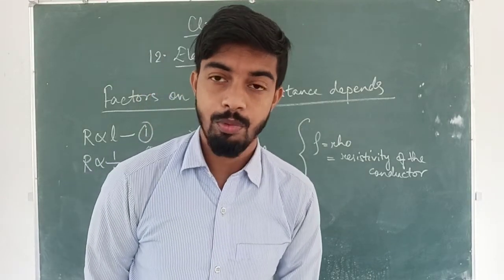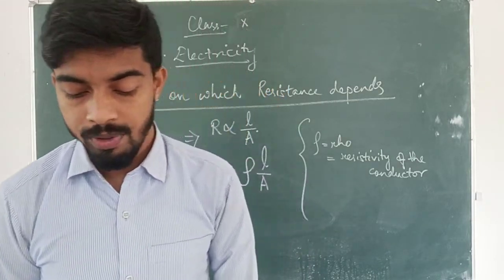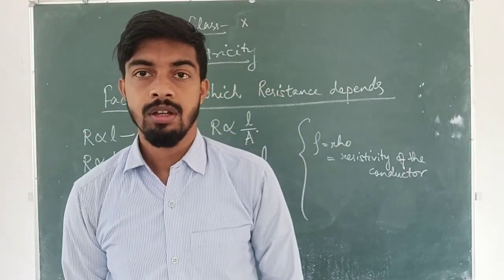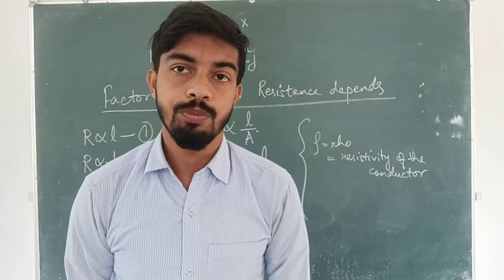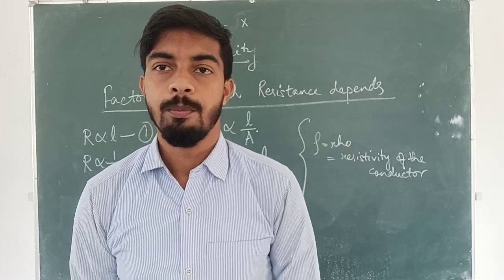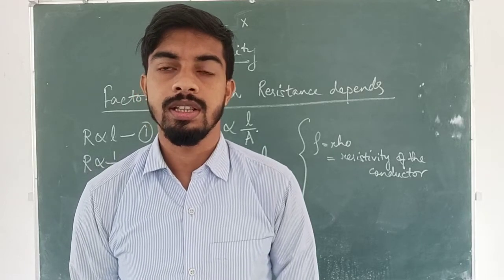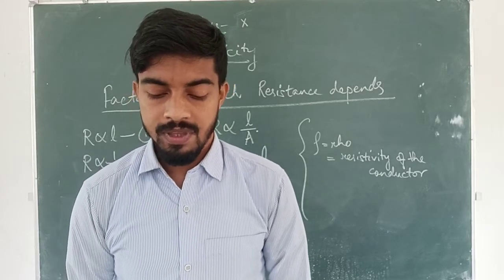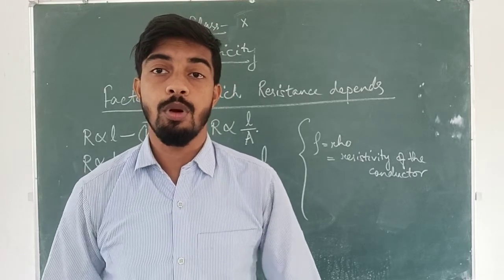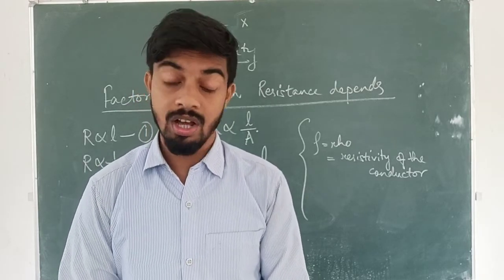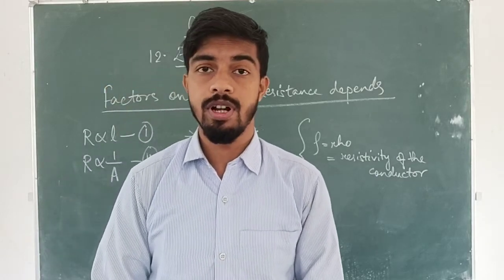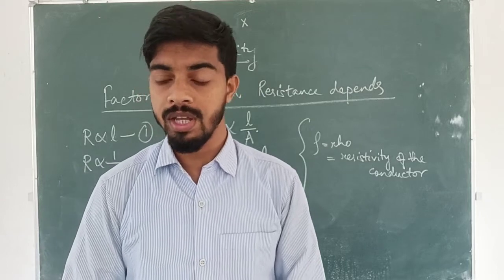For copper it is 1.62, and for aluminium it is 2.63, and it goes on increasing. This resistivity value tells us how well a metal will conduct current. If the resistivity value is less, then the metal's current conducting property is very good.